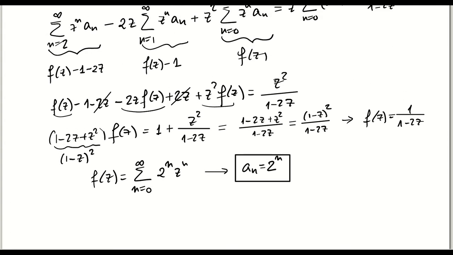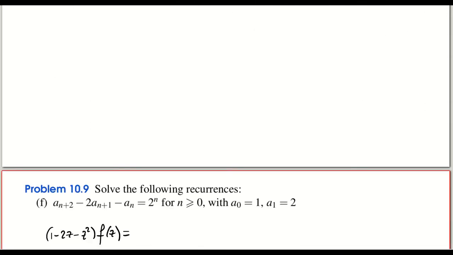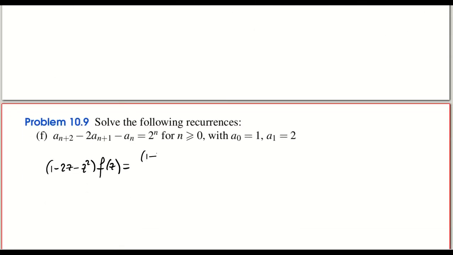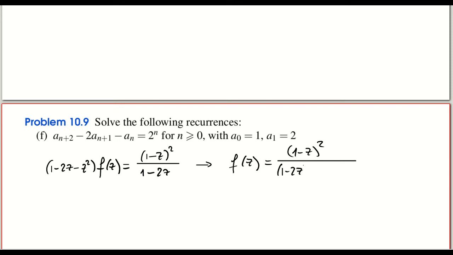We have this, z squared over 1 minus 2z. Okay? Right, so we can put this in the denominator, and then we have our expression for f.